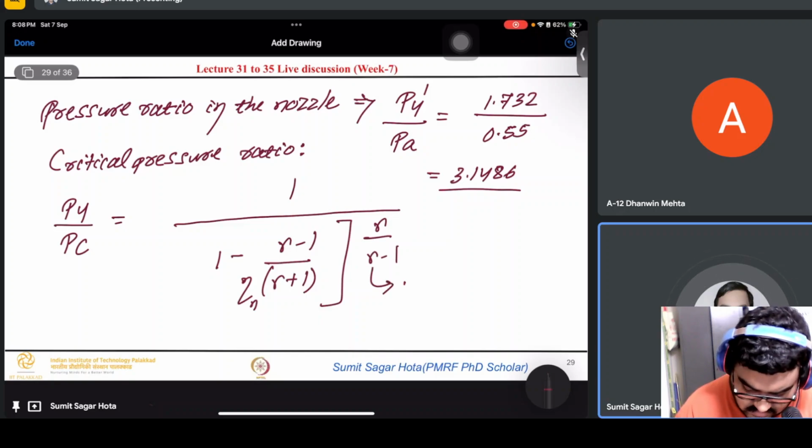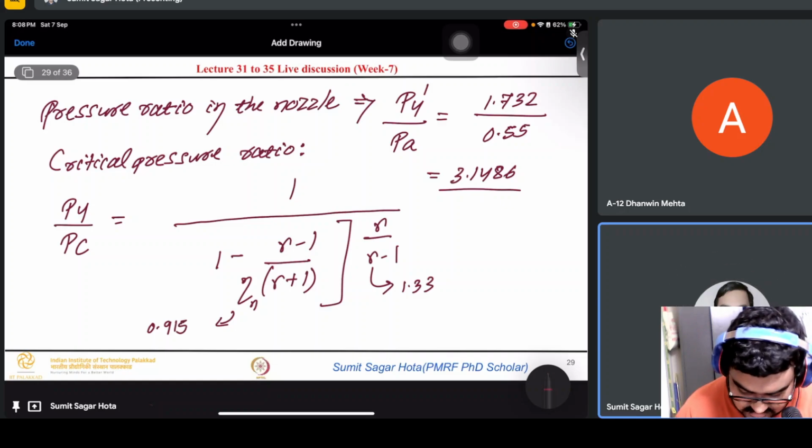And what is the gamma? 1.33, and eta of n given in the question is 0.915.